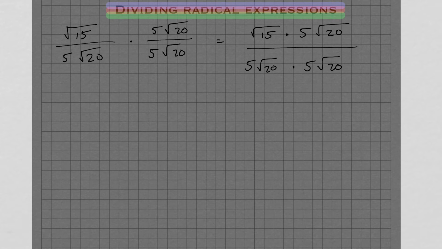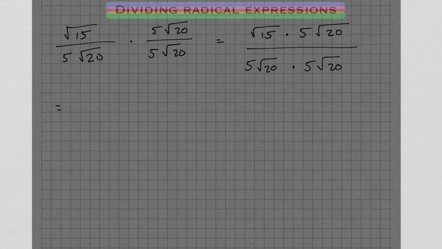Now, as long as these are being multiplied together and they have the same index, only for multiplication, it does not work for addition, but for multiplication, if you're multiplying something and they have the same index, in this case it's a square root, then you can go ahead and combine those.